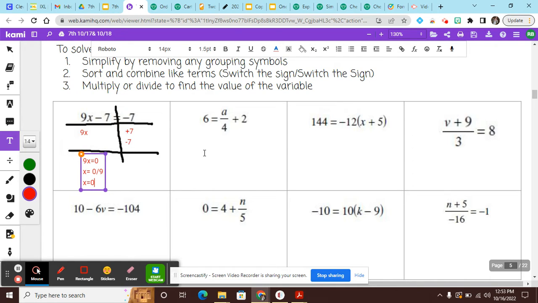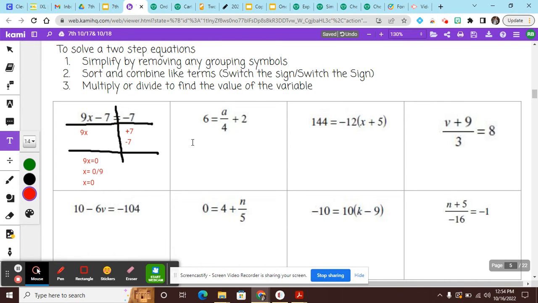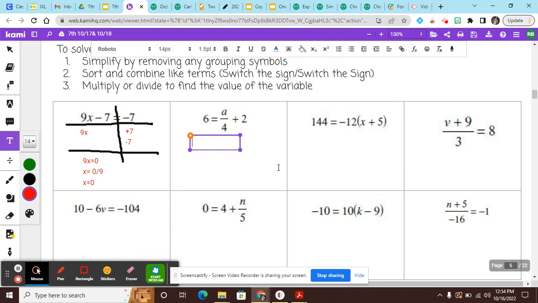Okay. I'm going to go ahead and do the next one. I'm going to sort and combine my terms. So I'm going to move my 2 over to the other side. So I end up with 6 minus 2, because remember we switch the sign, is going to be equal to a divided by 4. 6 minus 2 is going to be 4.